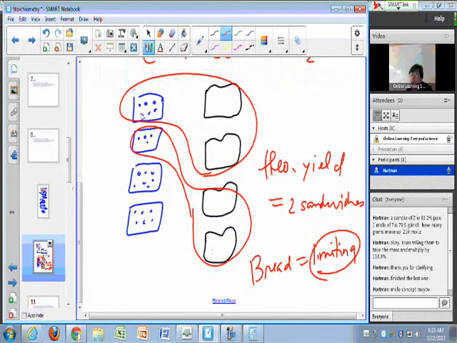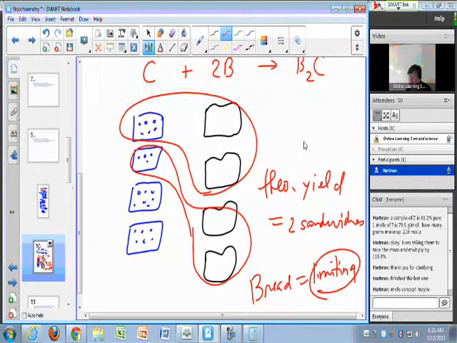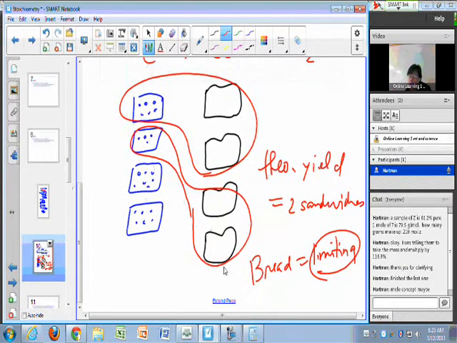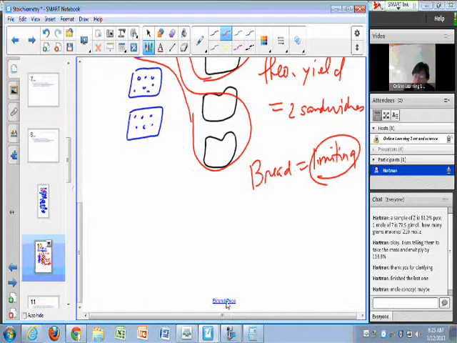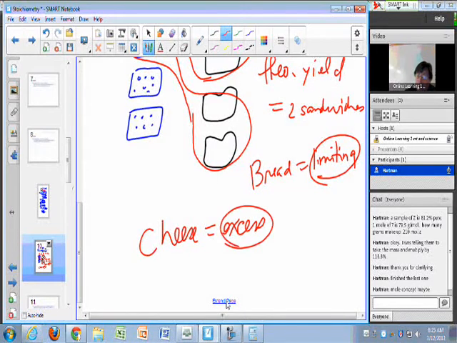Only 2 slices of cheese would be needed to make the sandwiches. By the time you've made 2 sandwiches, by the time you've gotten your theoretical yield, you're out of bread. So your cheese in this case would be your excess reactant, your excess ingredient.